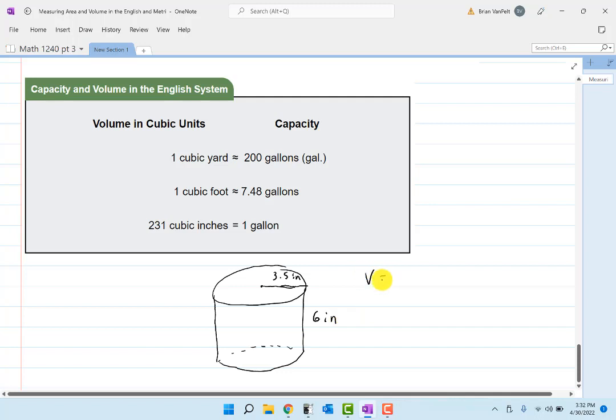So the volume for something like this is pi r squared h, where r is the radius and h is the height. This is exactly equal.